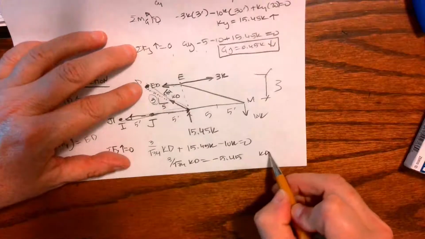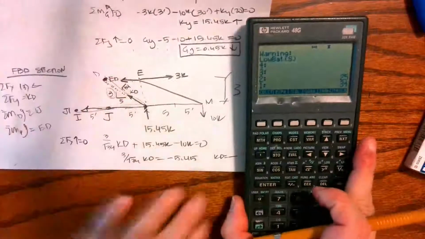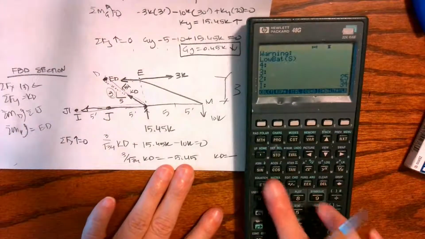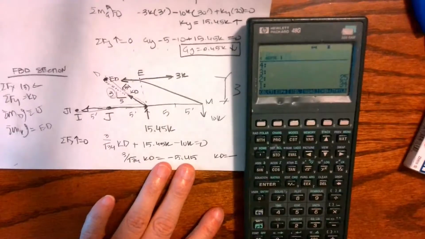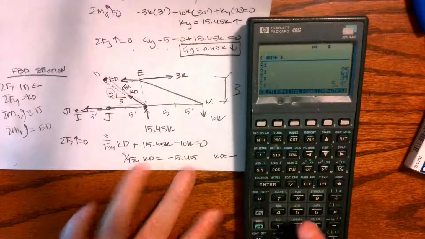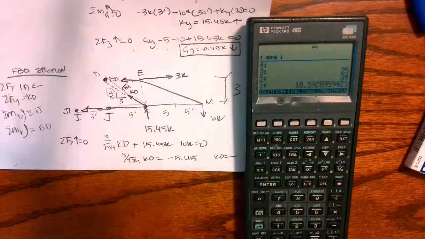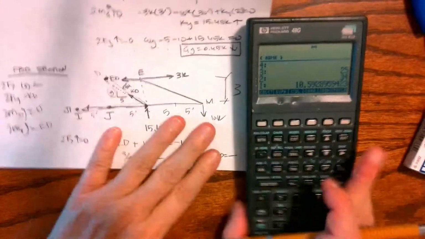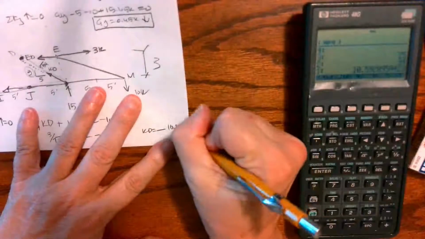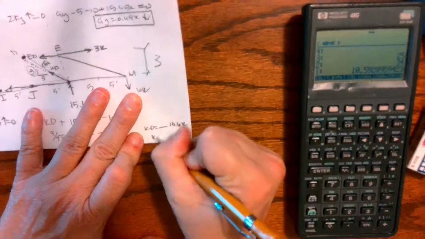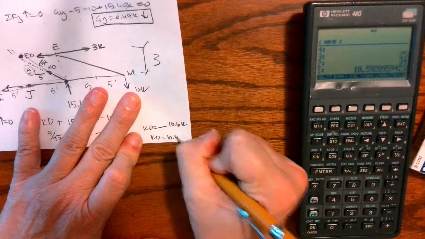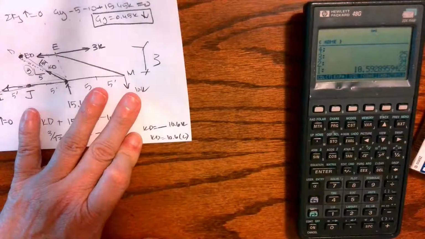So KD equals negative 5.45 times square root of 34, divided by 3, and I get 10.6. So KD equals 10.6 in compression.